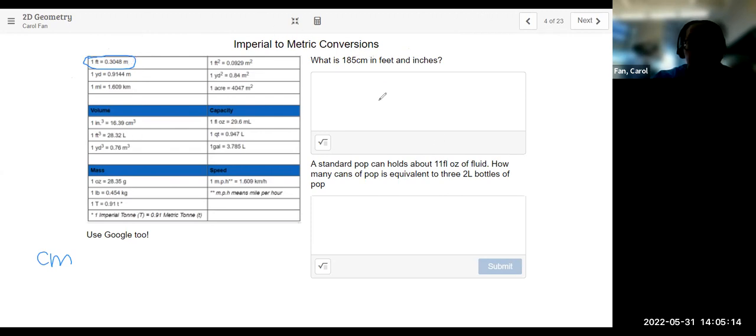So let's make this into meters: 1.85. I've moved my decimal spot 2 steps over, and I have 1.85 meters.